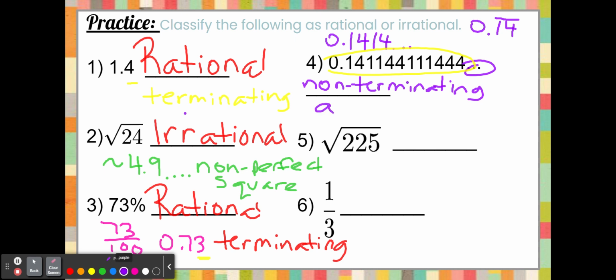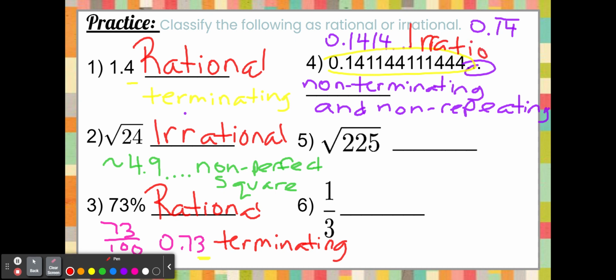So it's non-terminating and it is also non-repeating. When you have both conditions happening, that is called an irrational number. So again, both conditions have to happen, both non-repeating and non-terminating. Both have to happen.